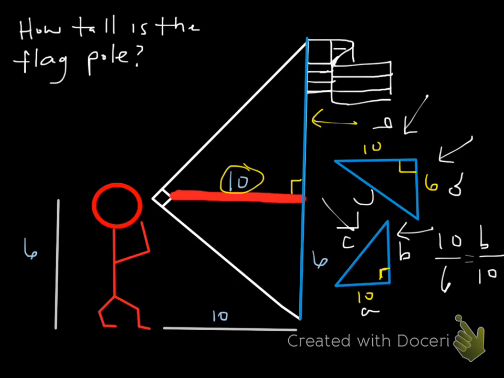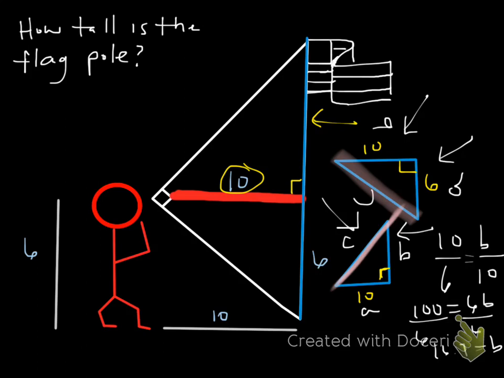So now I've set up a proportion. In this particular case, which doesn't always happen, I'm not using a hypotenuse at all, right? So basically, essentially, I'm leaving the hypotenuse out, okay? So I can now solve this proportion, and I'm going to end up with 100 is equal to 6b. If I solve that, I divide both sides by 6, and I end up with 16.7 is equal to b.